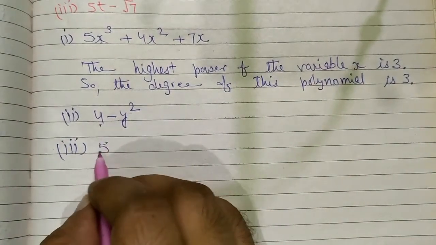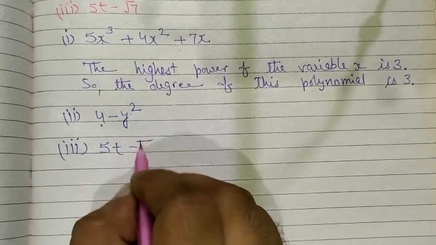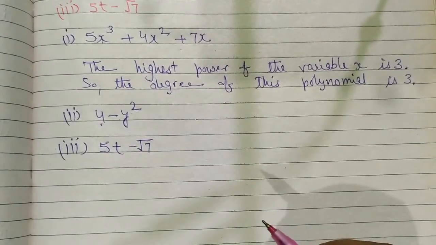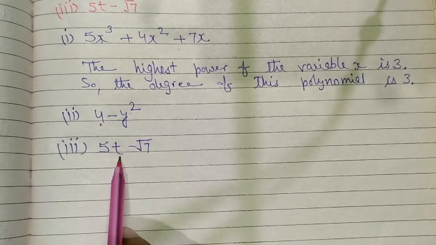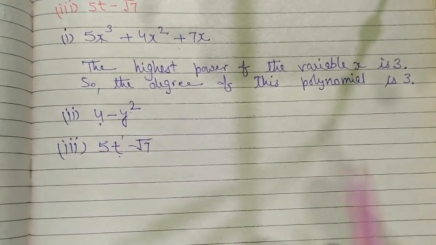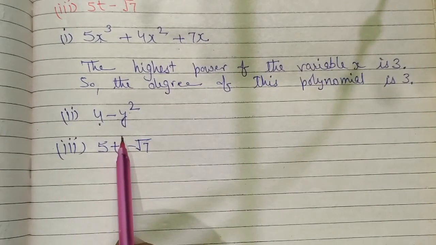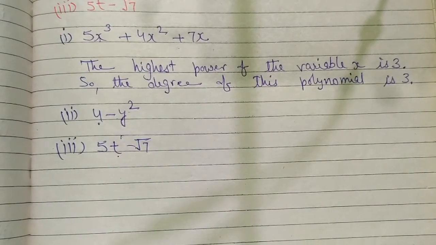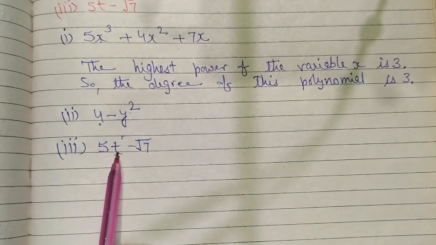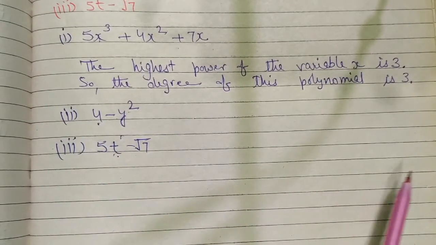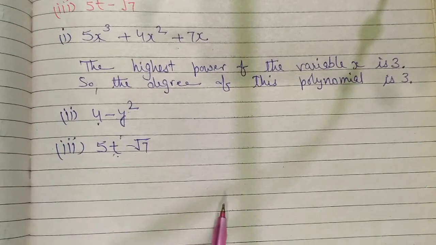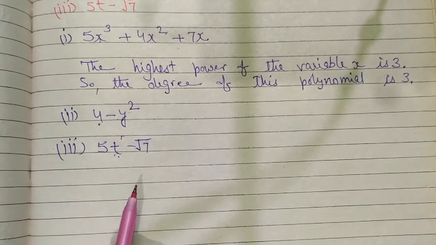Okay, so 5t minus root 7. Now here the variable is t and the power of t is 1, which is not written, so it means that it's only 1. So you can say that the highest power of the variable t is 1, so the degree of this polynomial is 1, right?